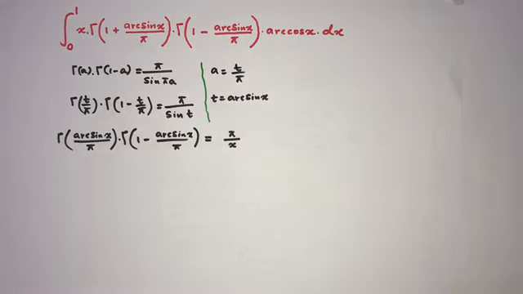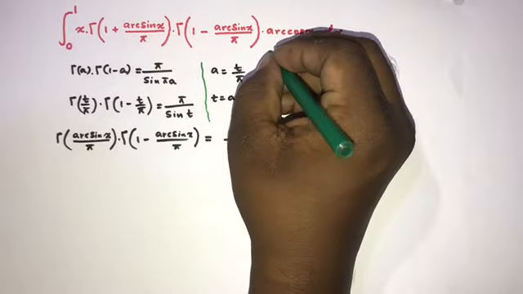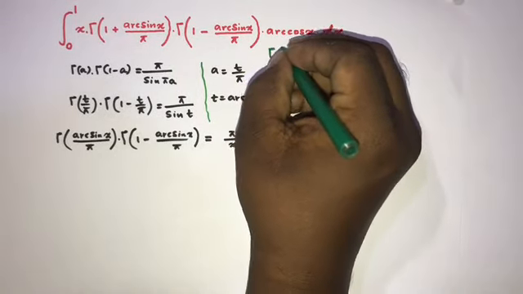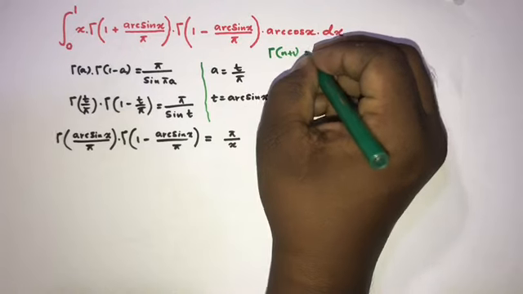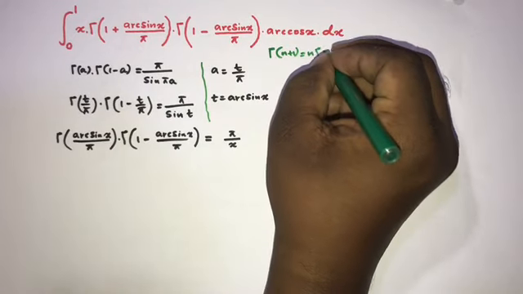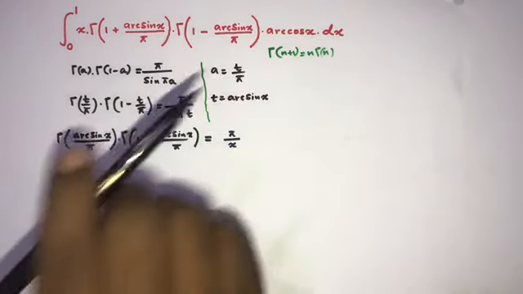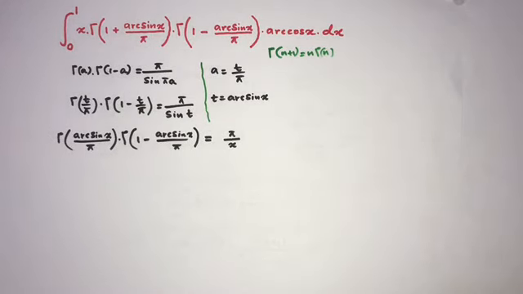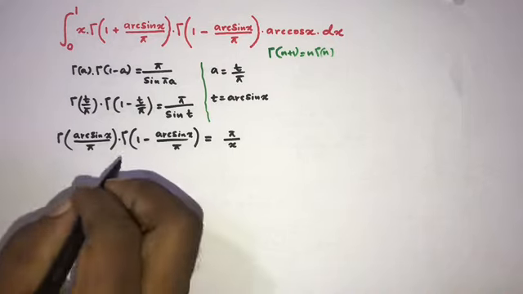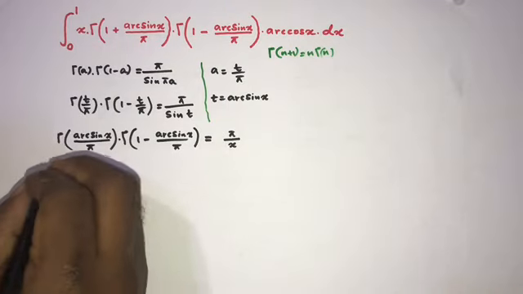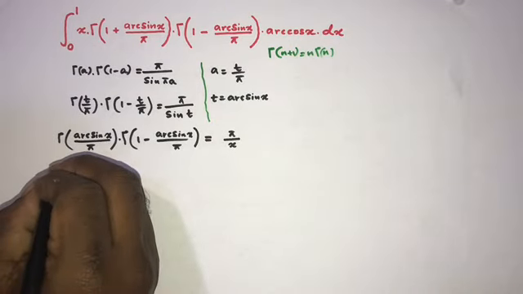So we know this relation about the gamma function: gamma of n plus 1 is equal to n times gamma of n. Therefore I am going to multiply both sides by arc sine of x over pi.